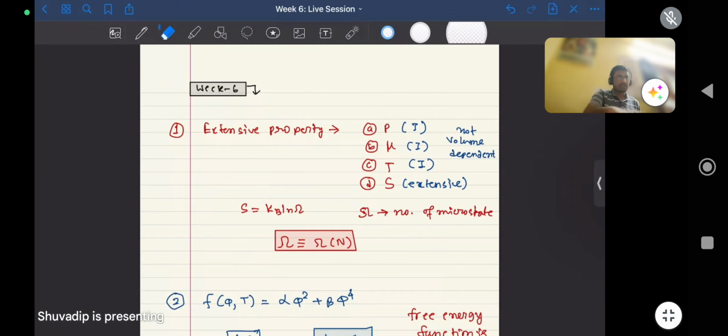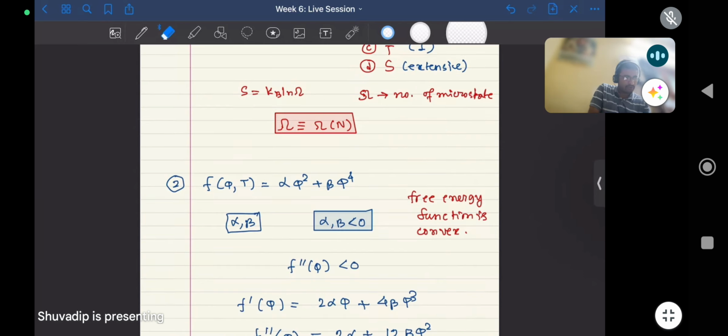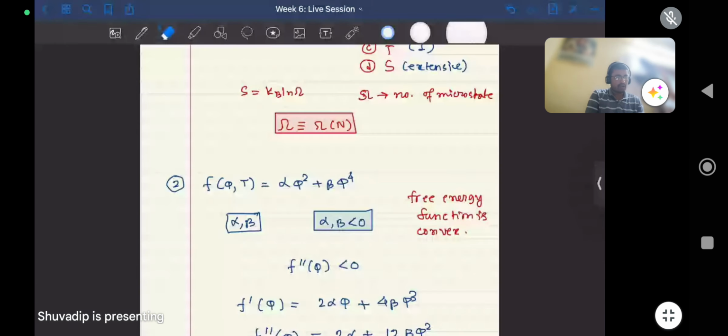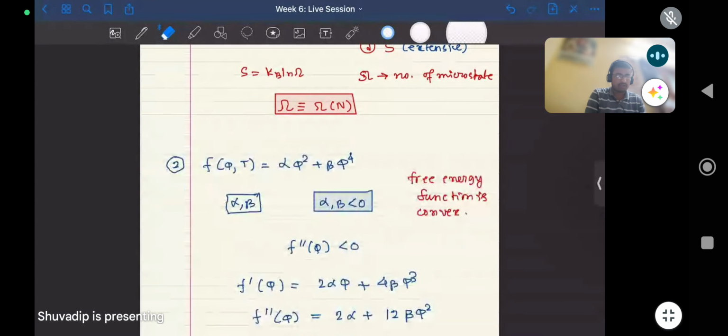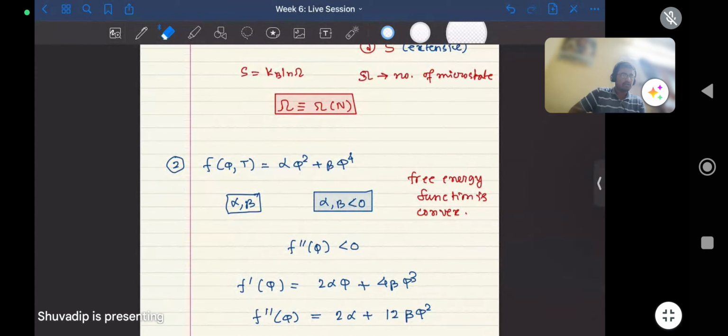Then we discussed the condition on the free energy function f of phi, whether it has to be a convex function or concave function, depending on that whether it will phase separate or not. We have done some problems on what the condition on alpha and beta is to make it possible to phase separate.